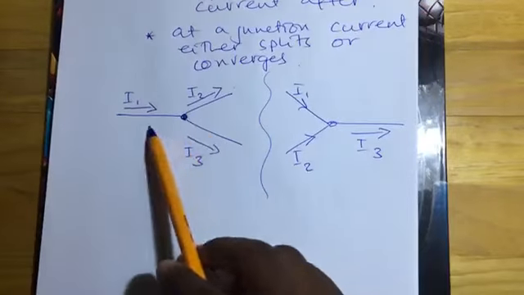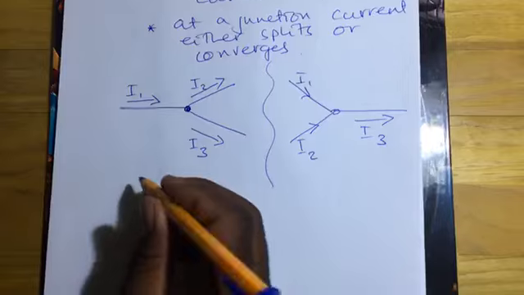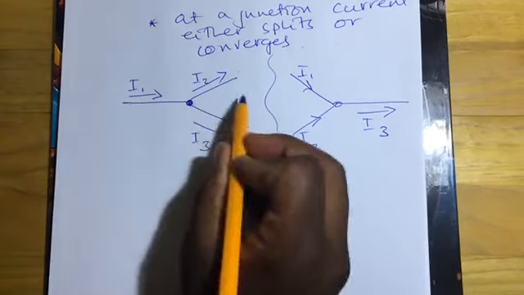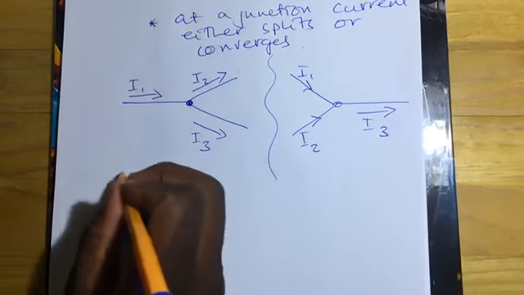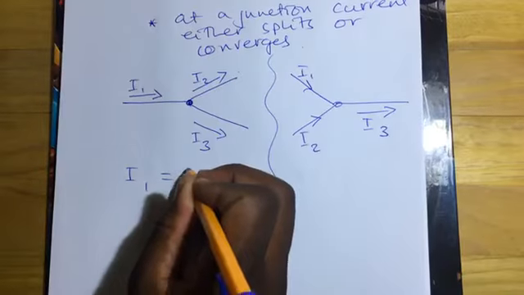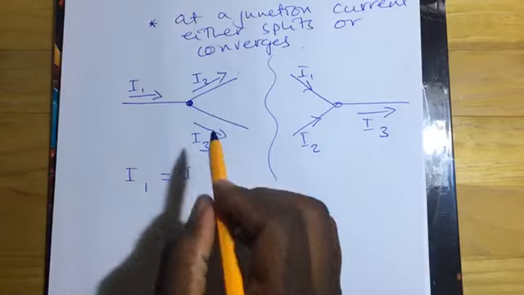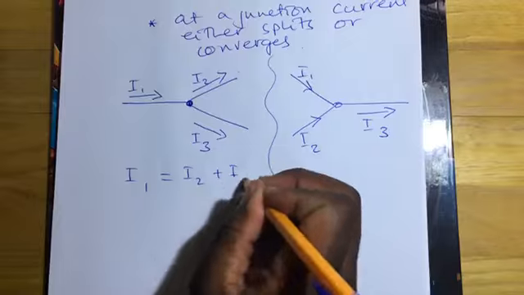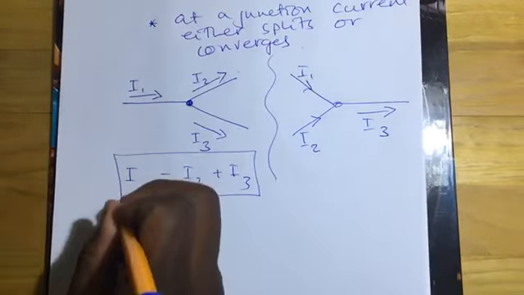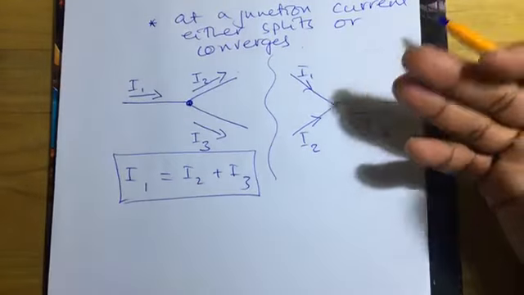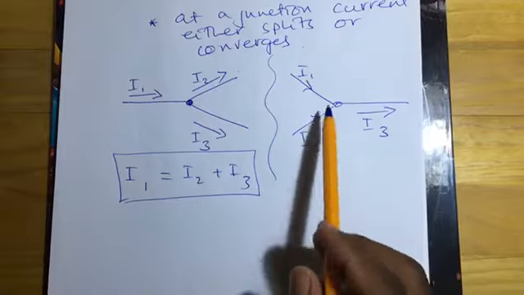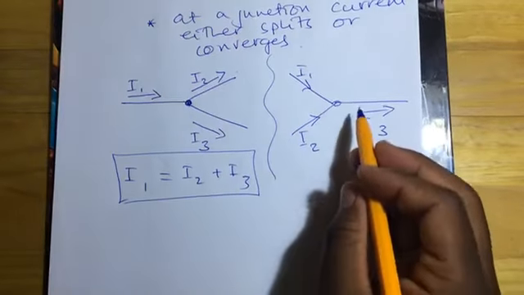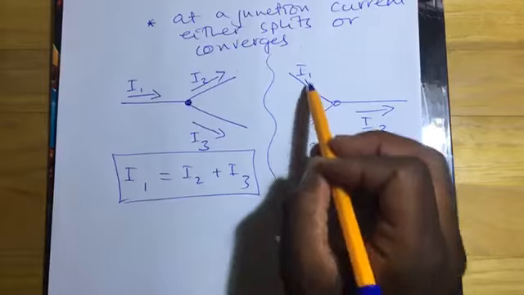The current before the first junction is I1, so the junction law for this setup would be I1 is equal to I2 plus I3. It's important that you remember this law because it's the easiest. The other one is a bit more challenging. For this other one, we have these two currents converging.